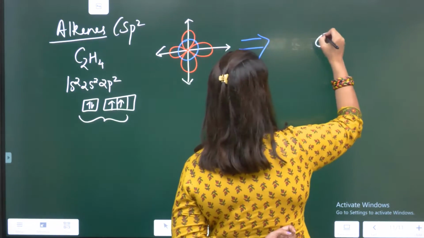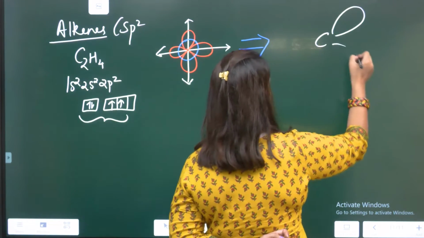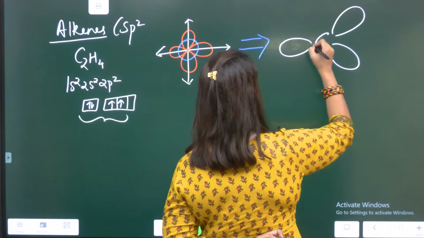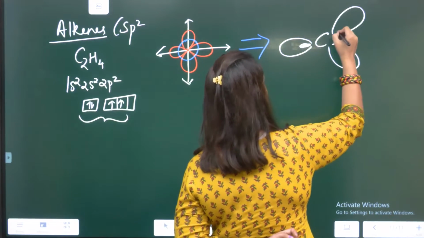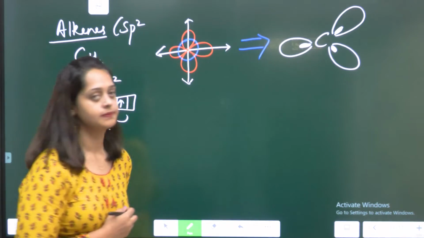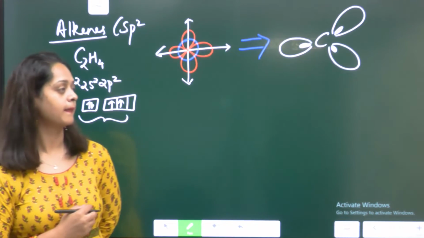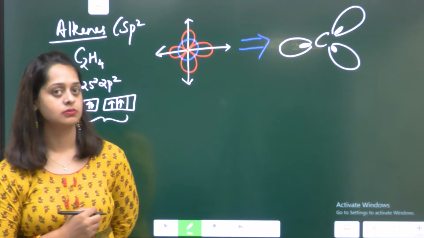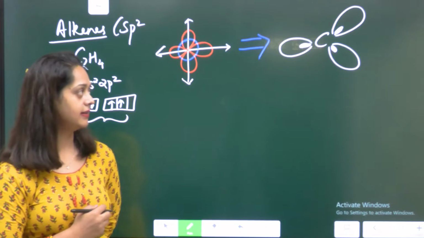Remember? So trigonal planar will look like this. This is my sp2 hybridized orbital. Yes? No? Anybody who has a doubt?